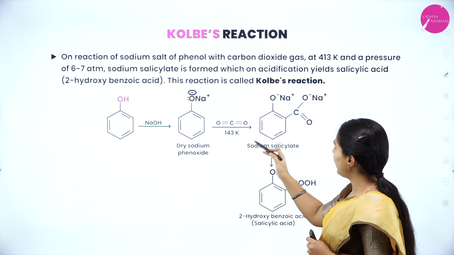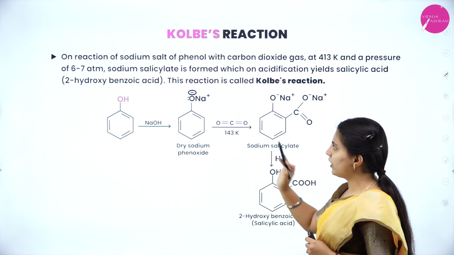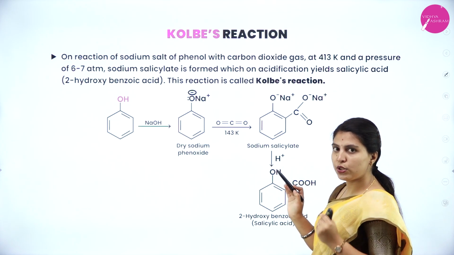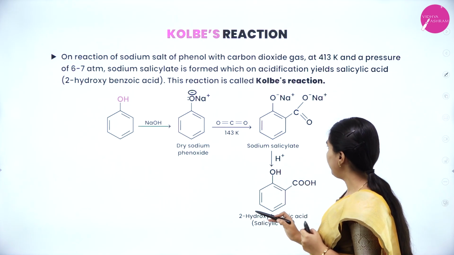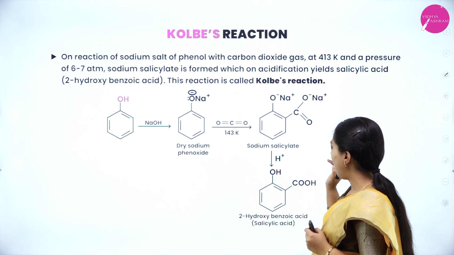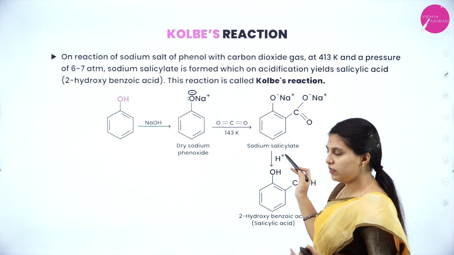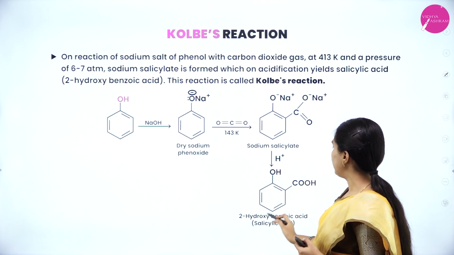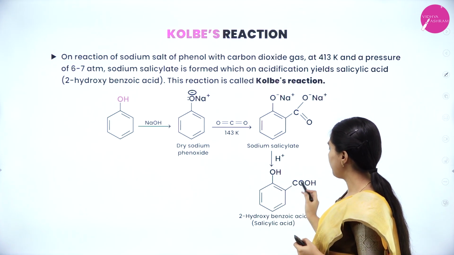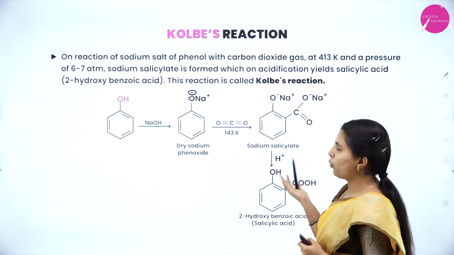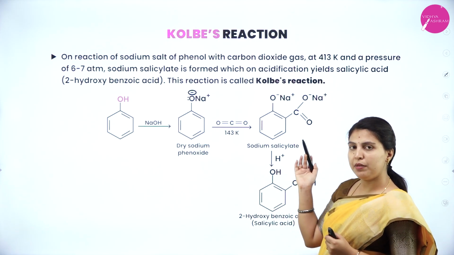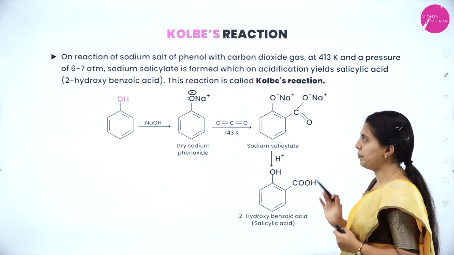When it is treated with carbon dioxide at 413 Kelvin and 6 to 7 atmospheric pressure, it will form sodium salicylate, and when acidified with some acid, it will form salicylic acid, that is 2-hydroxybenzoic acid. That is called Kolbe's reaction, which is very important for your examination purpose.